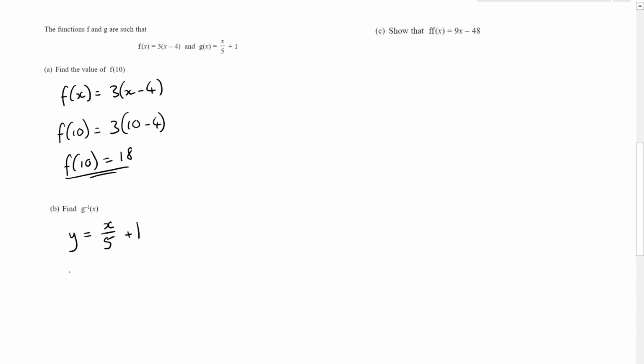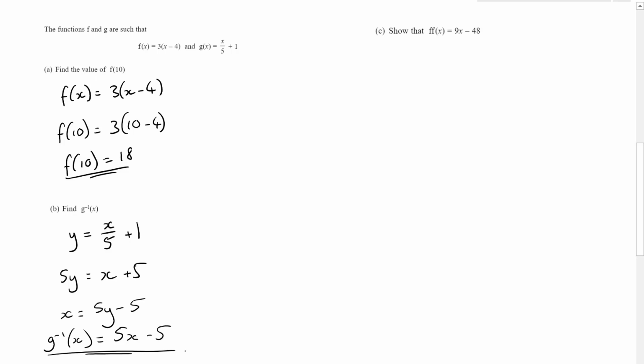We need to multiply everything by 5, so it becomes 5y is equal to x plus 5, because everything has to be multiplied by 5. And this means that x is equal to 5y minus 5. And therefore, I just change the name of these variables. And this becomes that g to the minus 1 of x is equal to 5x minus 5. And that's your inverse function.